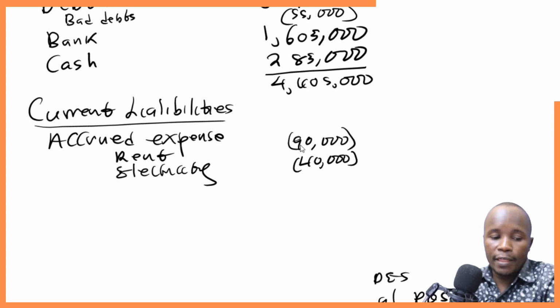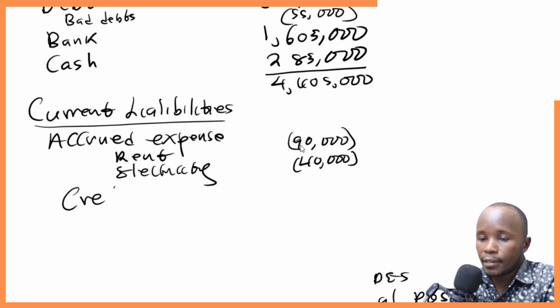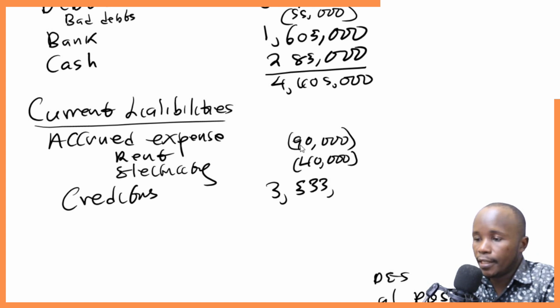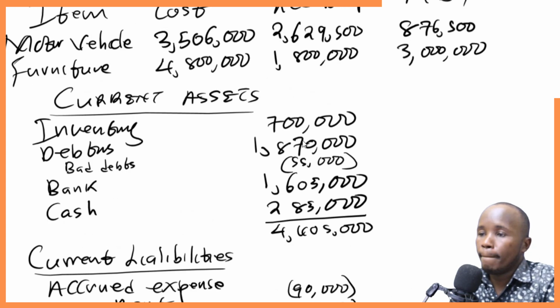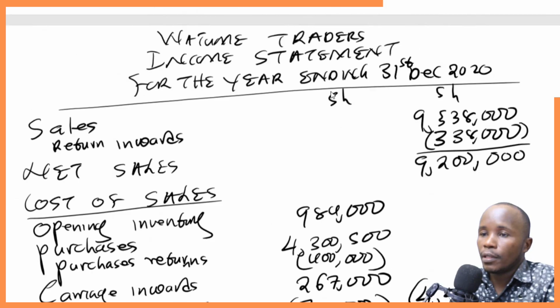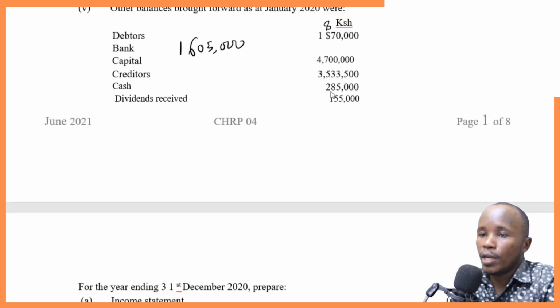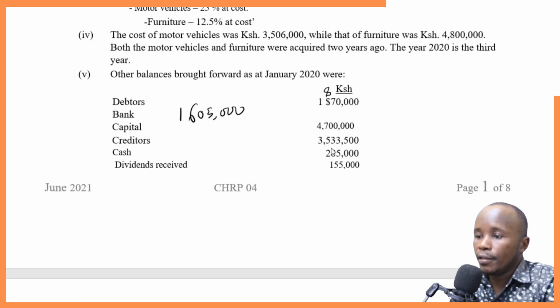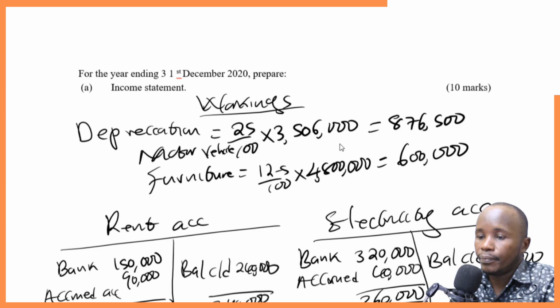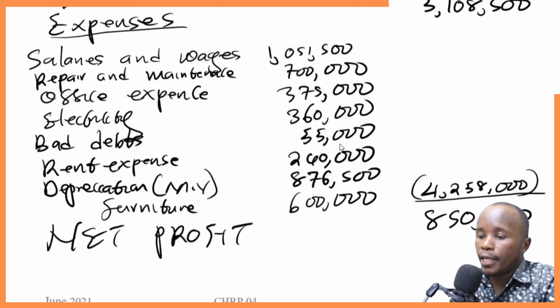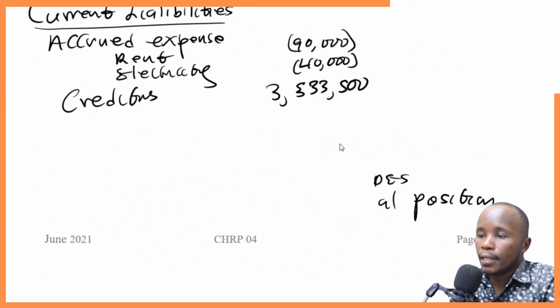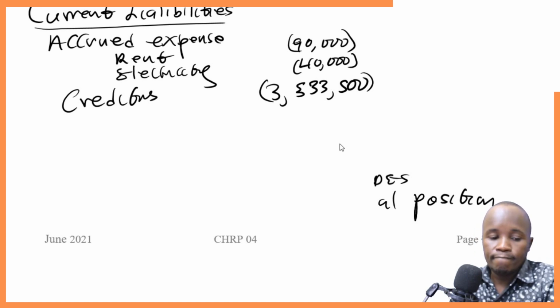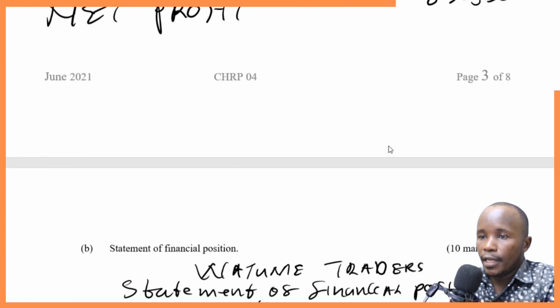Then with any other accrued expense, we have creditors. Creditors, we have 3,533,500. If you go to the question, you'll find that the creditors were listed here: 3,533,500. What else do we have apart from creditors? Let me check again from the question.